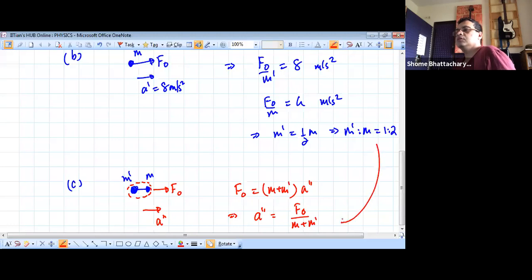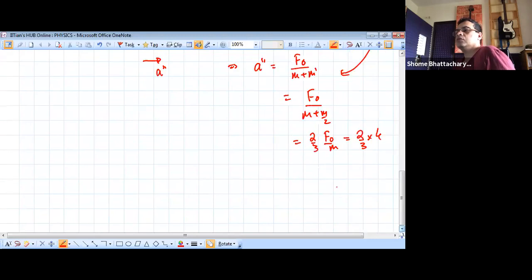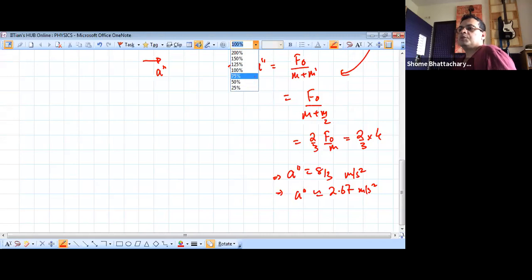Now from here, substitute. So 2/3 of F0 by m, which is 2/3 of 4. So 8 by 3, or approximately 2.67 meters per second square. That will become the new acceleration. Alright, so hope this part is also clear.